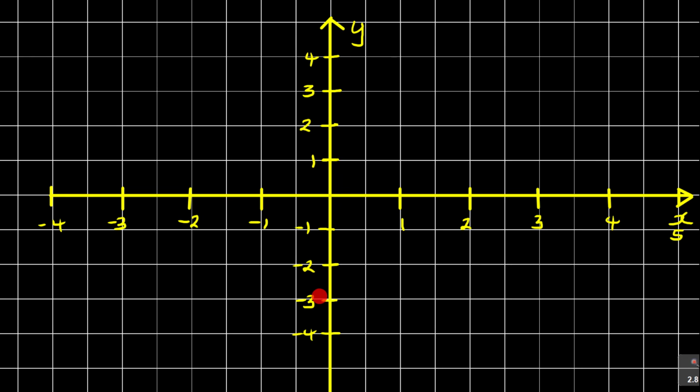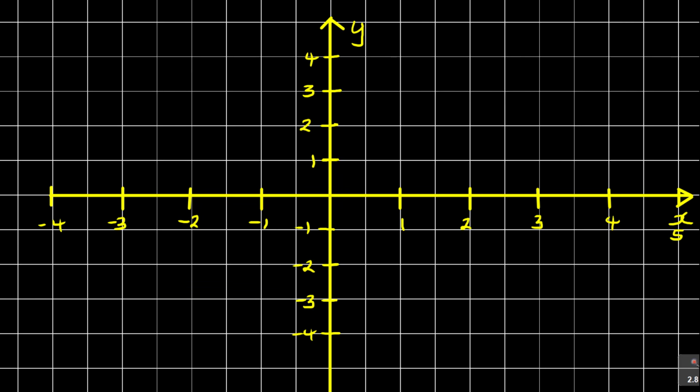There is y is -3. So what are you doing? You are going to hold your hand down here to -3, and you hold your hand of y to -3. Your hand is going to meet somewhere there. That's the point you're going to mark.